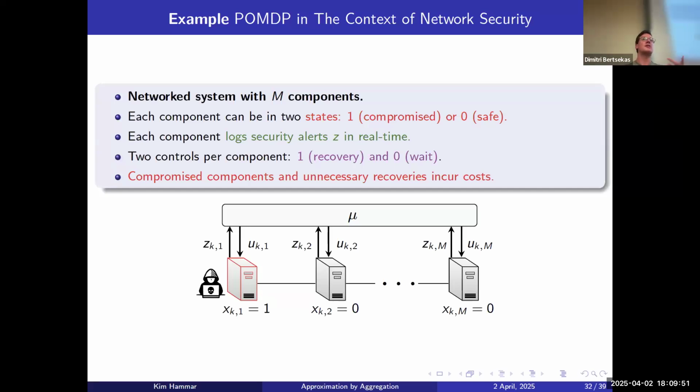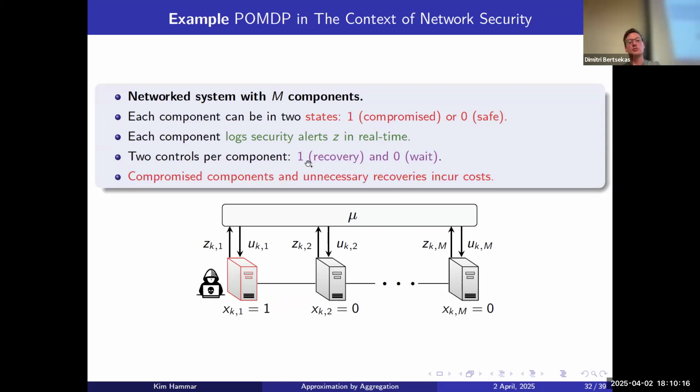So you only want to do recovery if you're certain, or quite certain, that there is an ongoing attack. And then you can have some weighting factor to say how important it is to prevent attacks versus how costly the recovery is. So for any compromised zone, we have a cost of 1 for recovery.